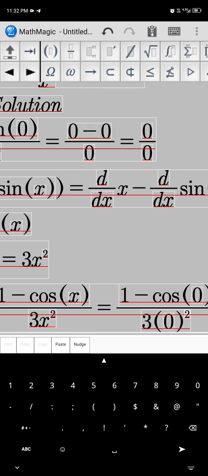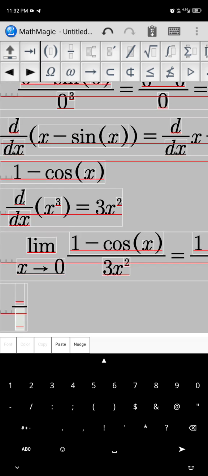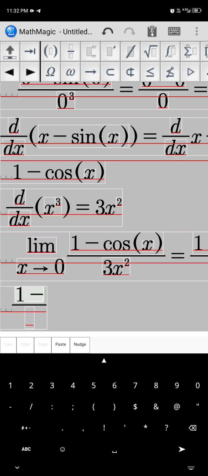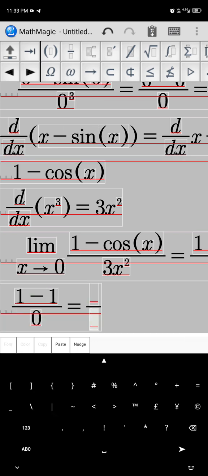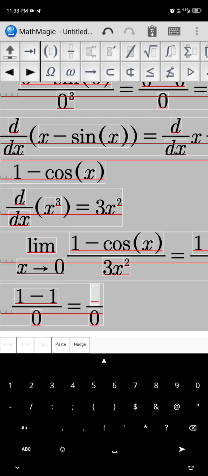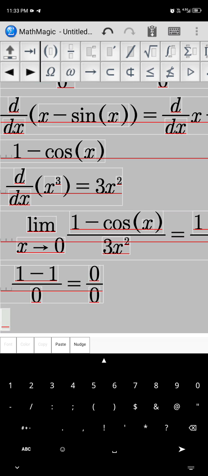Cos 0 is 1, so that will be 1 minus 1 over 0, which is equal to 0 over 0. So here also we can still apply the L'Hopital rule, because we are still getting 0 over 0. We are going to differentiate once again.